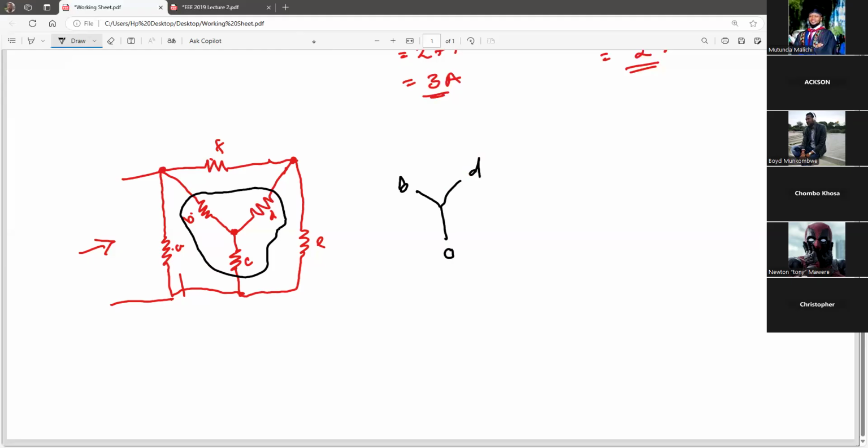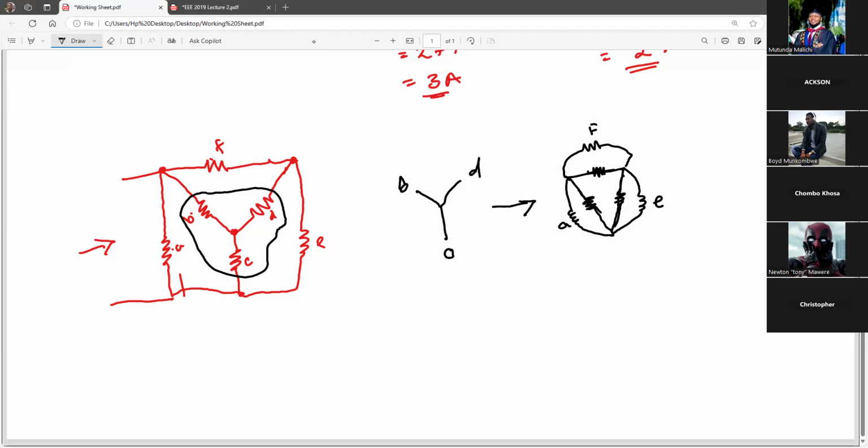So if we can transform this Y into delta, like this, you would realize that the resistor that will sit there, and this one, and this one, will form some parallel combination. Here we have F, there we have E, and on this other side, you have A.